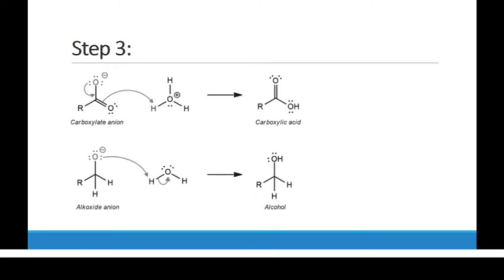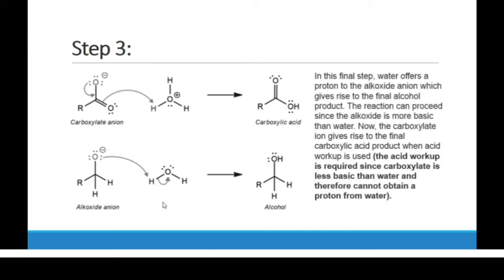And in step 3, first we will look at the alkoxide anion. In the presence of water, it will take this hydrogen ion and we have the alcohol. But here we have the hydronium ion. Where did it come from? You have to do an acid workup. What is an acid workup?